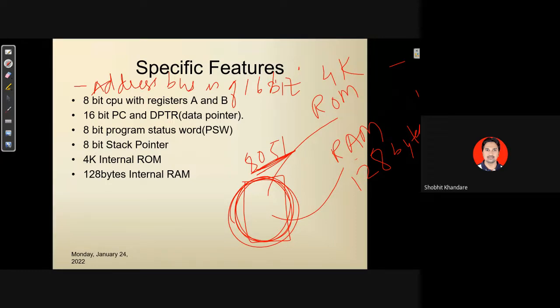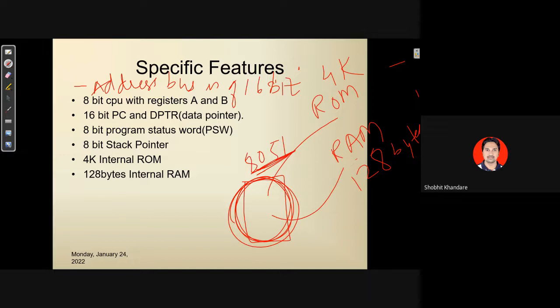Now, as far as 8051 is concerned, you know that internal ROM size is 4K and internal RAM size is 128 bytes. ओके, तो इंटरनल रोम तो फिक्स्ड है, इंटरनल रैम भी फिक्स्ड है.